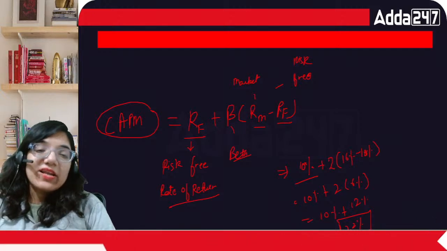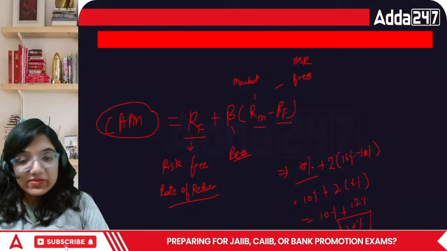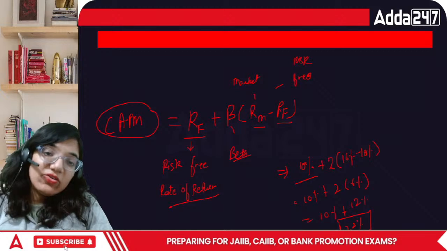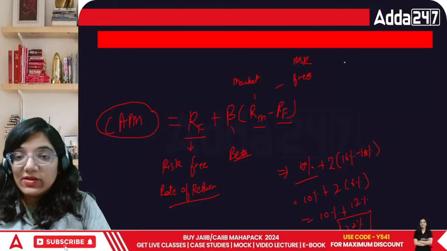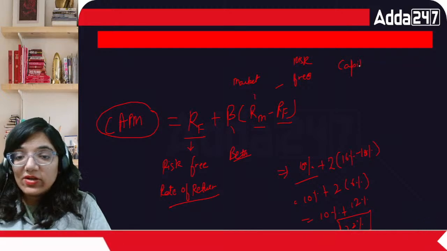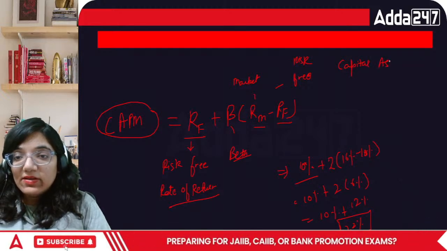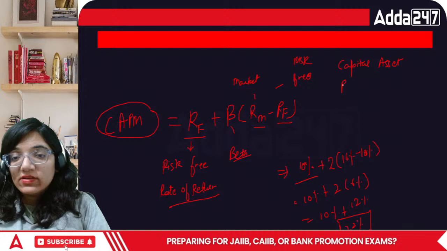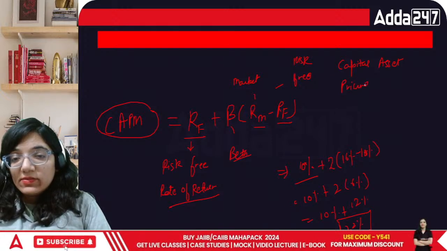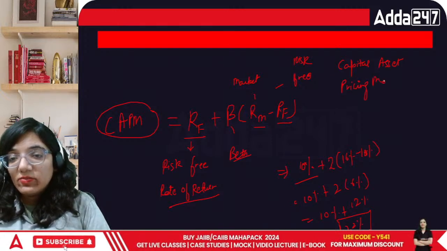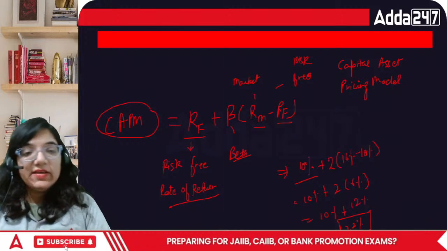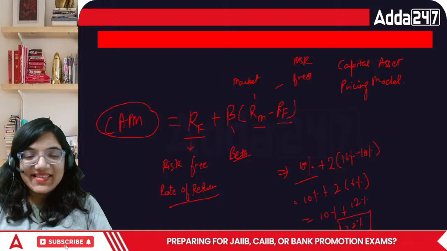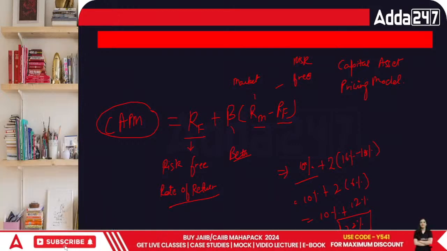This is your capital asset pricing model, where you're trying to find the overall returns. The name of this model is capital asset pricing model. Got the point, everyone? Simple, easy, and scoring.